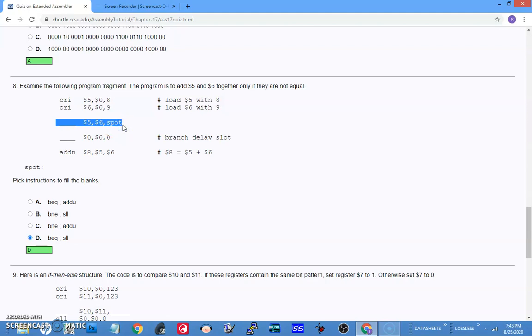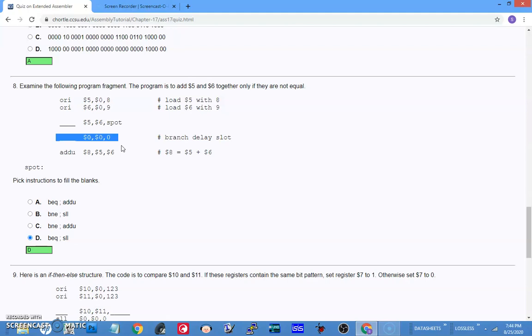So at the time of discussing pipeline, we will understand the importance of the branch delay slot. So we need to put a dummy instruction immediately after the branch, which is executed independently of the branch. That means the instruction that immediately follows the branch instruction will be executed no matter whether the branch is taken or not.